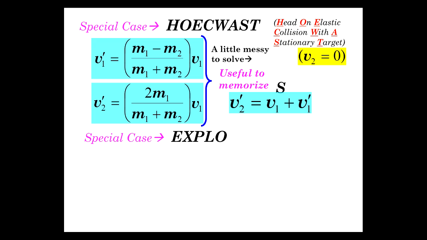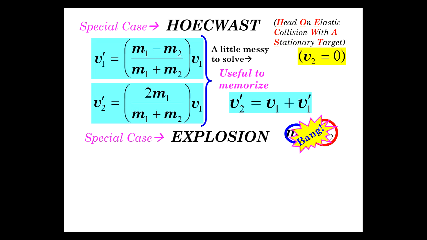Another special case. And this time we have an explosion. An explosion is not elastic, but it has a particular characteristic. So we have M1 and we have M2. And when they explode, kaboom, there's a big bang. Not the Big Bang, but a bang. Hopefully it's pretty large, because small explosions are kind of boring.